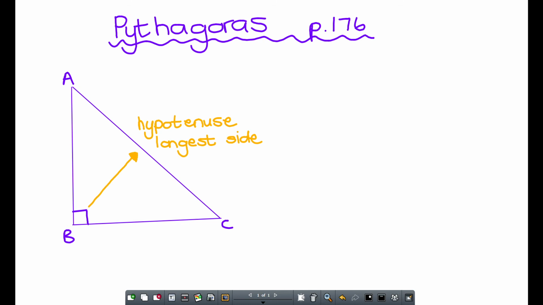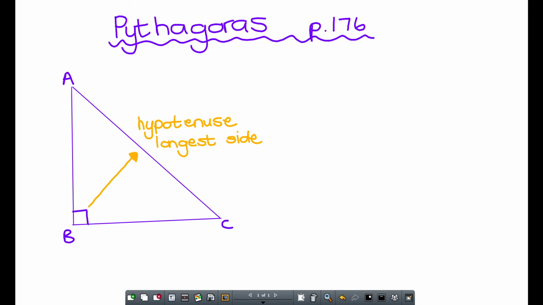Okay, basically in a nutshell, I'm going to talk about the two short sides, which in this case would be AB and BC. And then I'll talk about the longer side or hypotenuse. Okay, so what Pythagoras tells us is, if I take the two short sides, the ones that actually form the 90 degrees angle, I square each one of them.